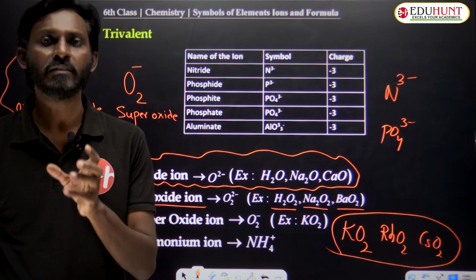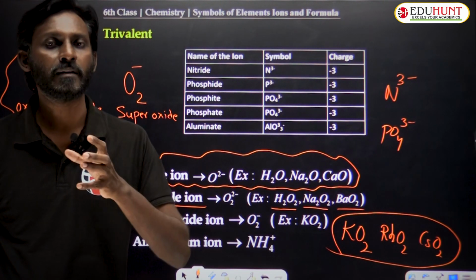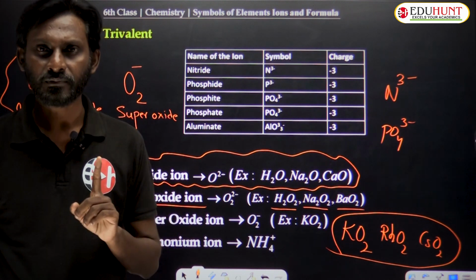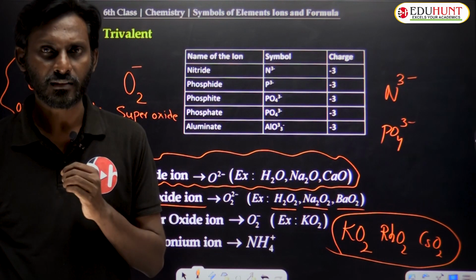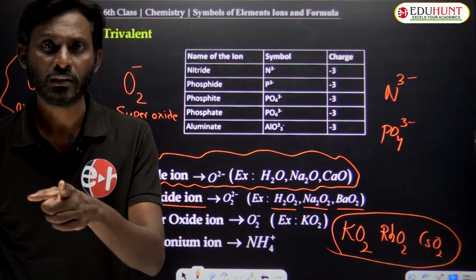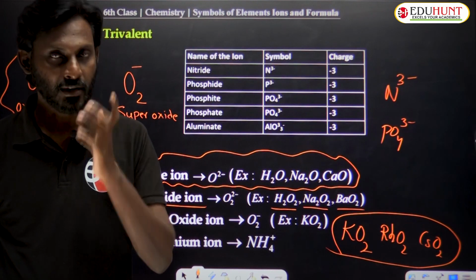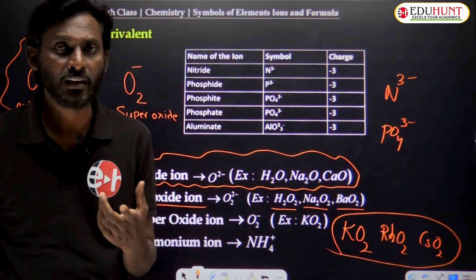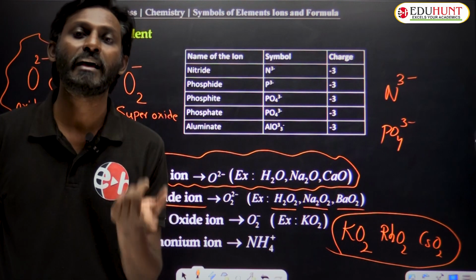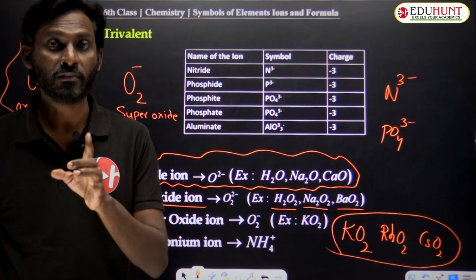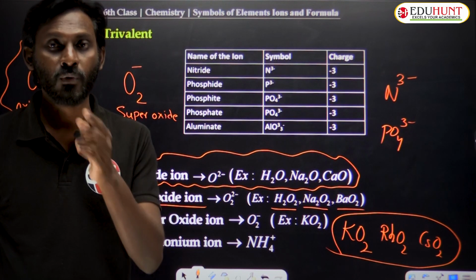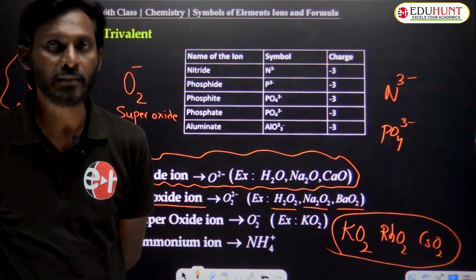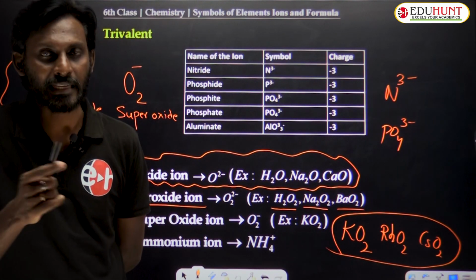Generally, for most important elements valency is a fixed value. For halogens like chlorine, the valency is generally 1. But there are many examples where one element has more than one valency. That is called variable valency, a very important concept that I am going to explain in the next video.